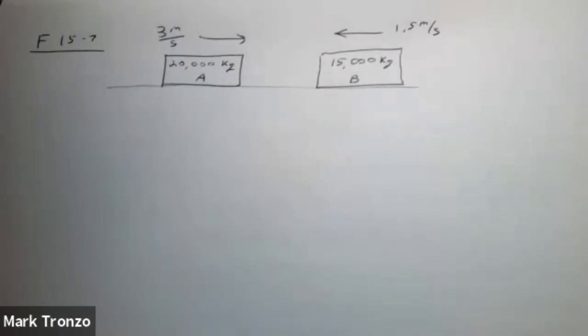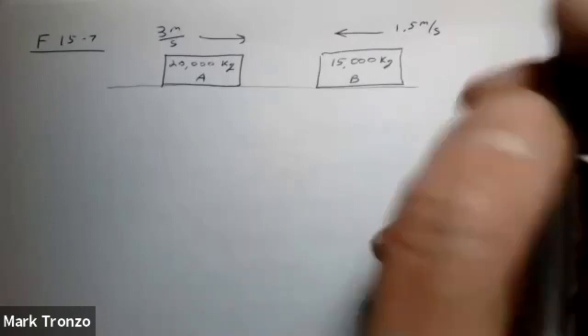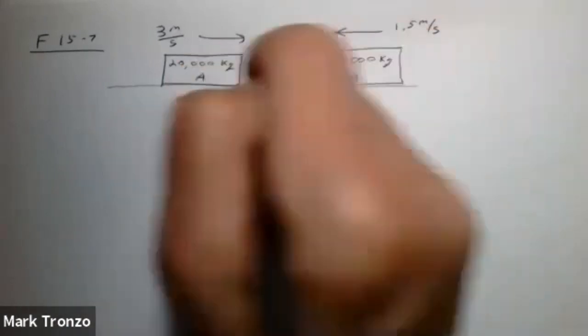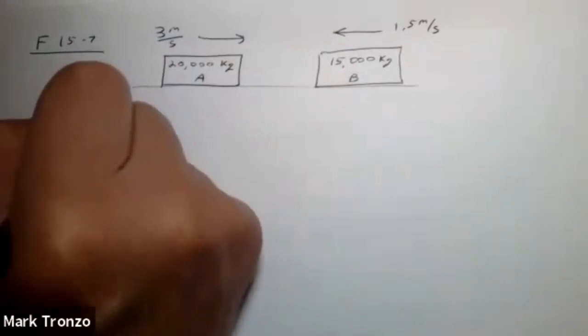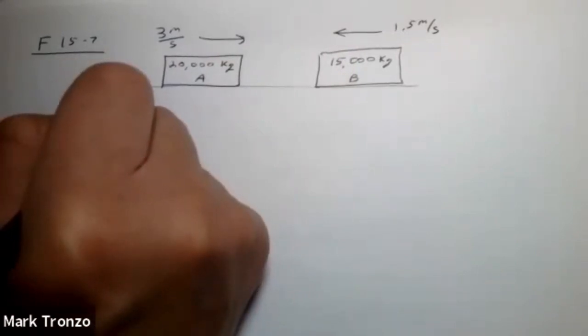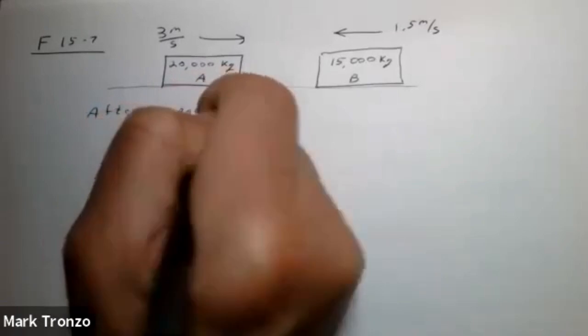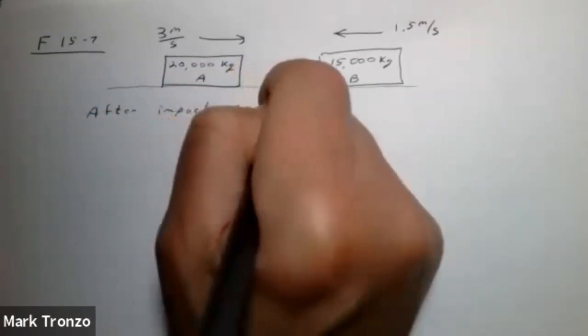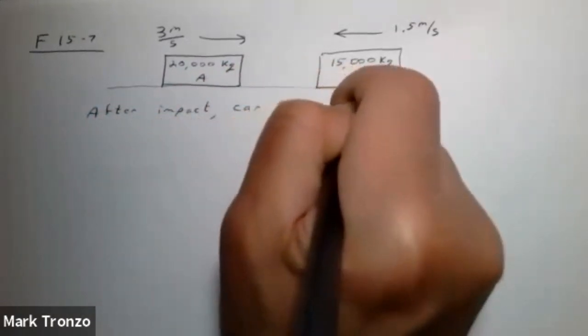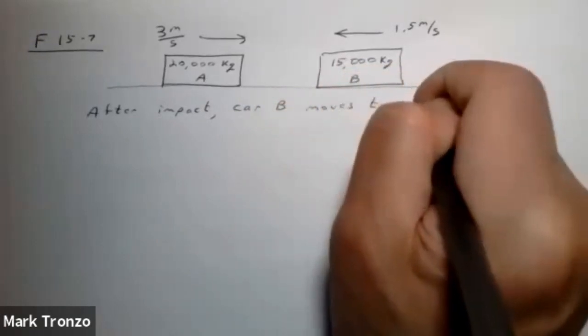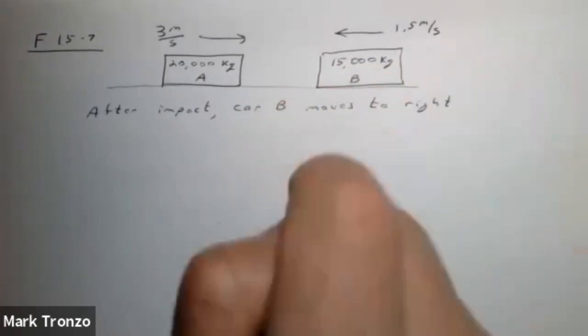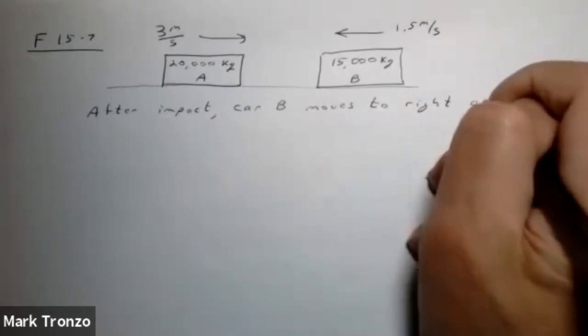And so actually, it's asking for the impulse in between them, but we have to use the conservation of momentum first to find the velocity. So we're told that after impact, car B moves to the right at 2 meters per second.